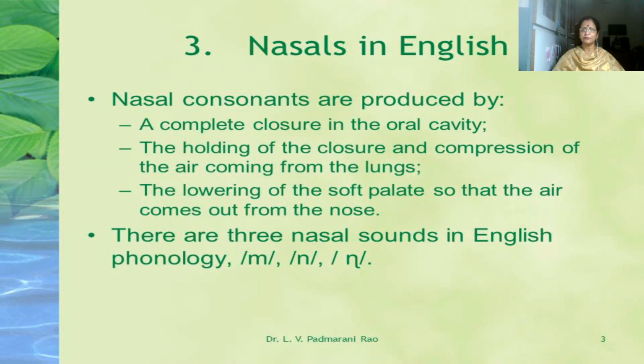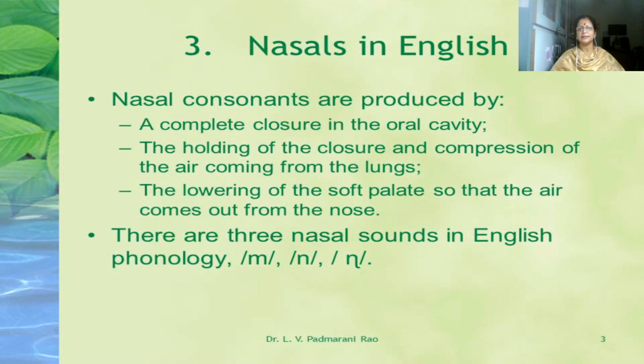But because the soft palate is lowered, the air escapes through the nose, and hence they are called nasals. So a nasal consonant is produced by a complete closure of the oral cavity, the holding of the closure and the compression of the air coming from the lungs, and the lowering of the soft palate so that the air comes out from the nose and not through the mouth.